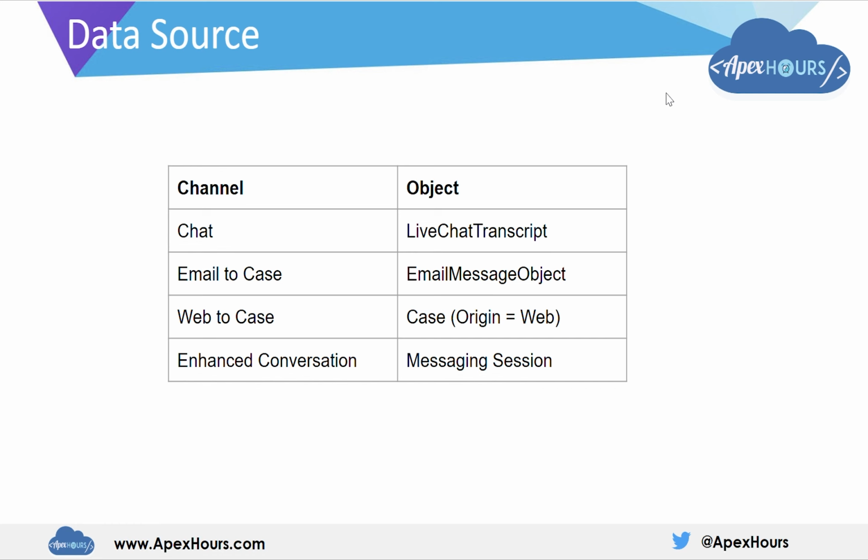So before we enable the Einstein conversation mining, we have to make sure what the ask is. So if the ask is, let's say, mining the email conversations over the last 2 years, then we need to check first if email to case is enabled or not. If it's enabled, what percentage of cases are we getting through email?